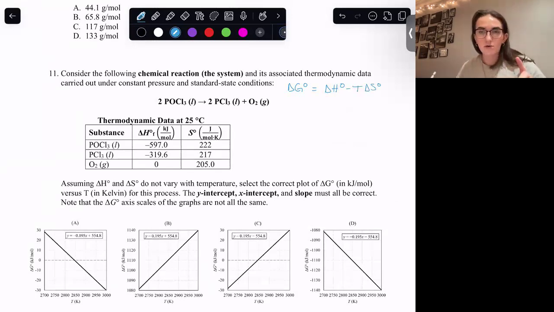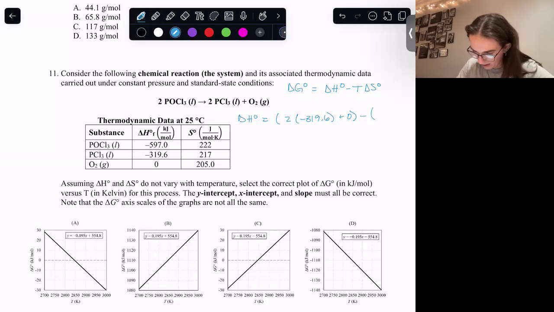And we're going to use our delta H and delta S values provided to find what delta H is and then what delta S is. And that's just your products minus your reactants times the coefficient in front of them. So for delta H, we have 2 times PCl, which is negative 319.6, plus oxygen, which is in its elemental state, so that's 0, minus 2 times negative 597.